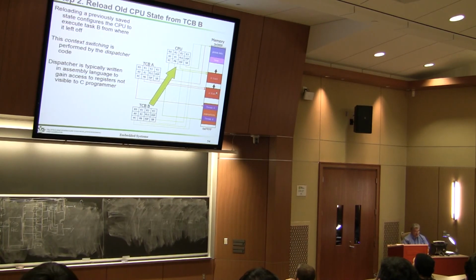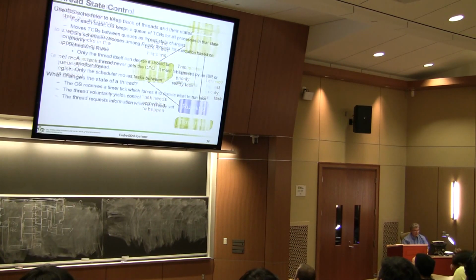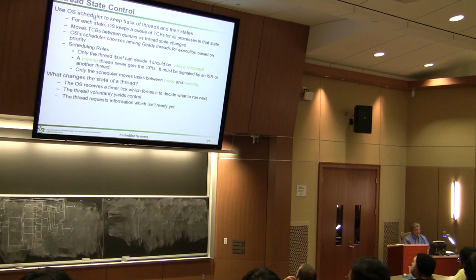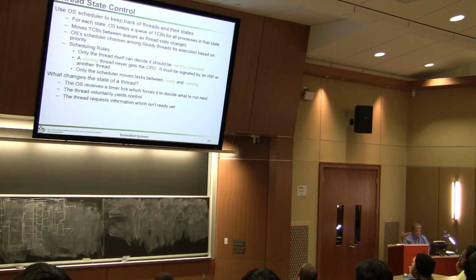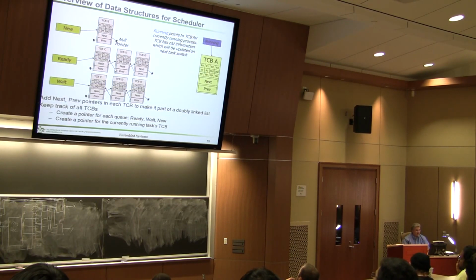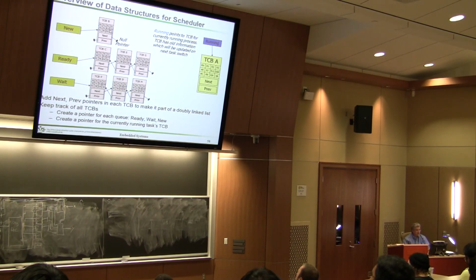So if you want to switch between the different threads, the operating system only needs to move the thread control block into the processor to have it start running that particular thread. And what you'll often see is a priority of: these are the new threads that need to run, these are the ones that are ready, and these are the ones that are waiting. Remember, there's only one that is running.